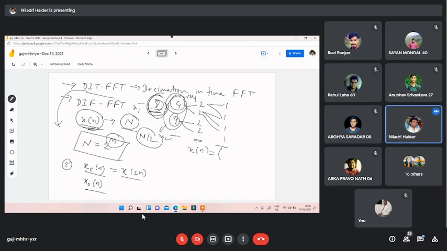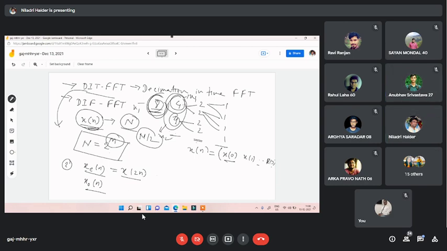Suppose the size is 8, x0, x1 to x7. If we consider the even sequence x of 2n, when n equals 0, x0; when n equals 1, x2; when n equals 2, x4; when n equals 3, x6; when n equals 4, x8.